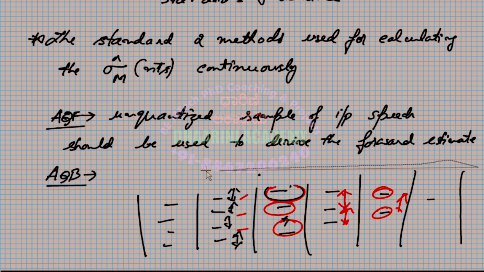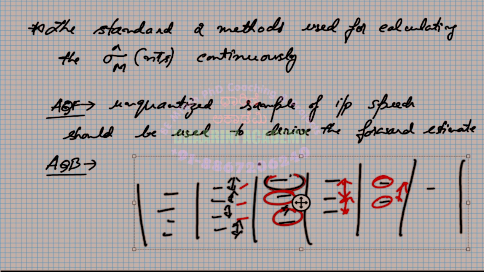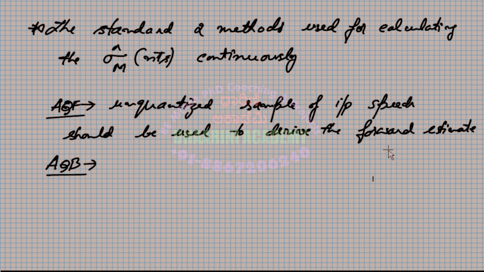So the first technique says you take the difference in the forward way. That's the forward estimate.